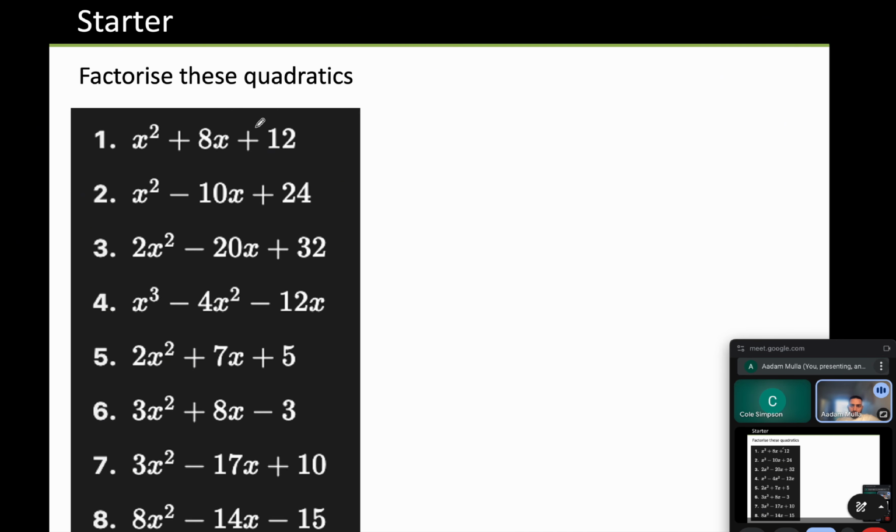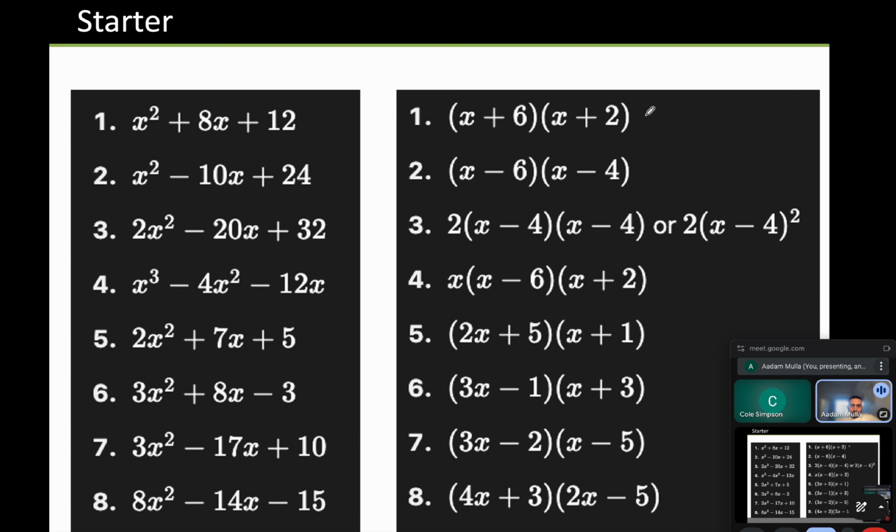So I just want to take a look at these. If I said this was equal to 0, so it's an equation, and I substituted in x equals -6, what would happen to this? What would happen if I swapped that with a -6? It'd be 0. Yeah, because that one would be 0, and anything times by 0 would be 0.